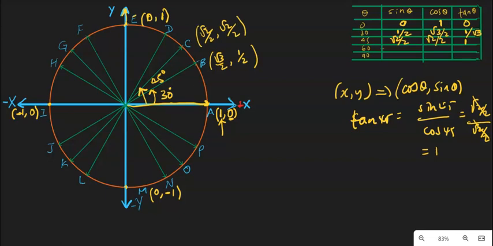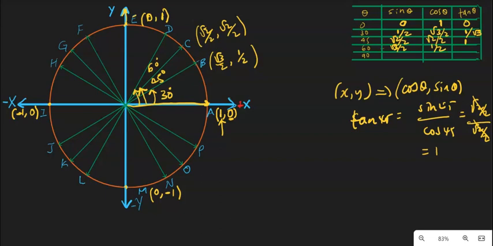The next common angle is 60 degree. If you take this angle as 60 degree, that is sine of 60 degrees square root of 3 divided by 2, and cosine of 60 degrees 1 over 2.